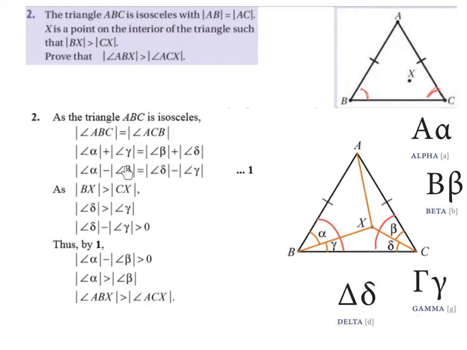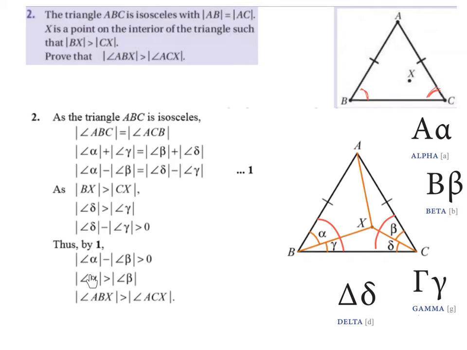So they're both greater than 0. So angle alpha minus angle beta is greater than 0. I can bring angle beta over the sign, it becomes positive angle beta. So angle alpha is greater than angle beta.